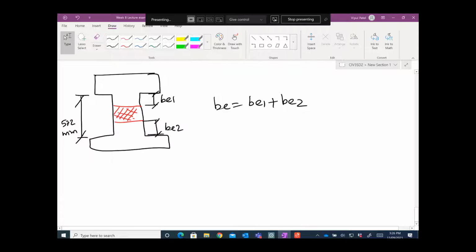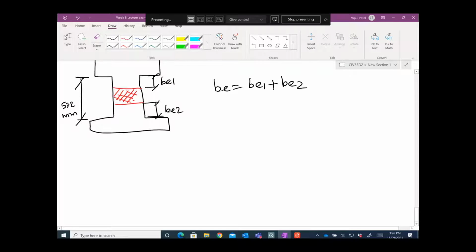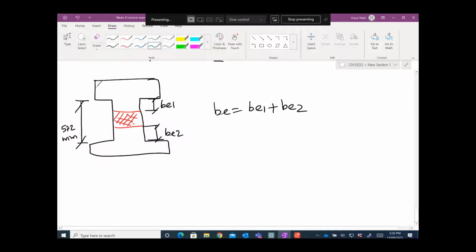Right, so if I want to calculate the effective area, which is the green one, it equals the gross area take away the ineffective area.